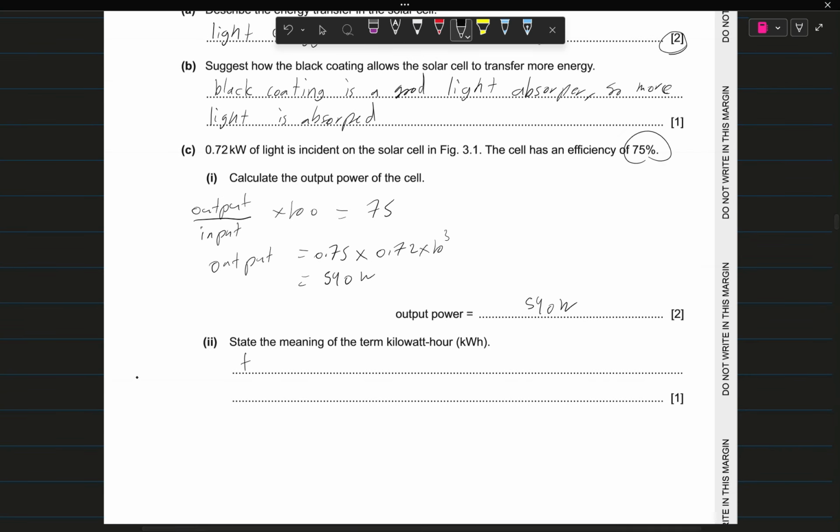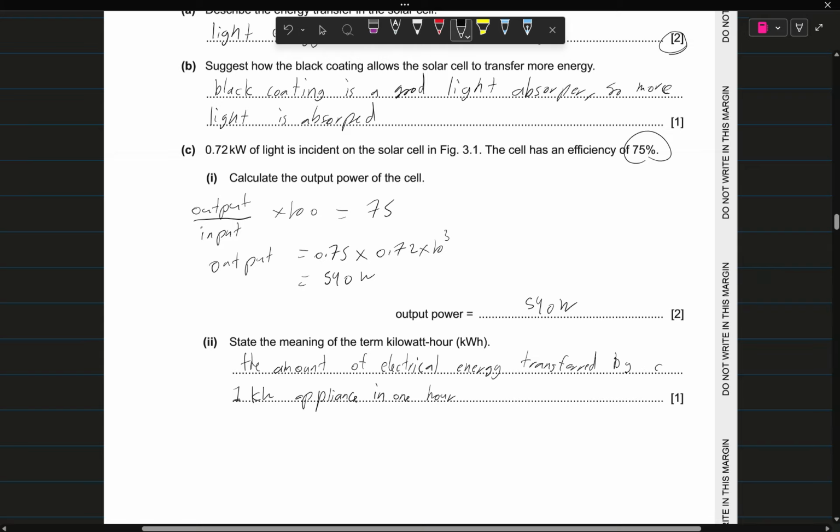So it is the amount of electrical energy transferred by a 1 kilowatt appliance in 1 hour. That's the definition. This one you have to memorize by heart, as you might see this one often.